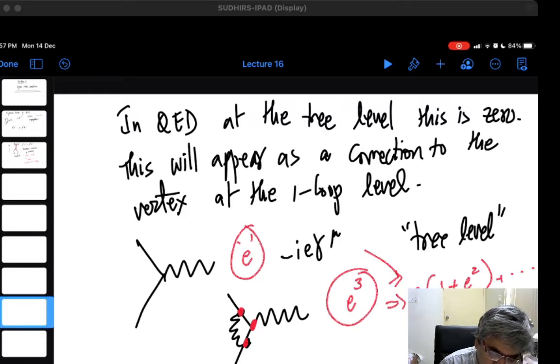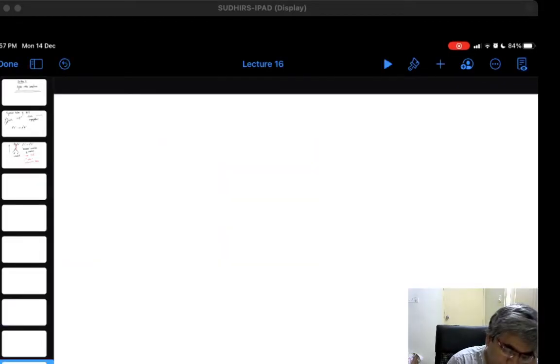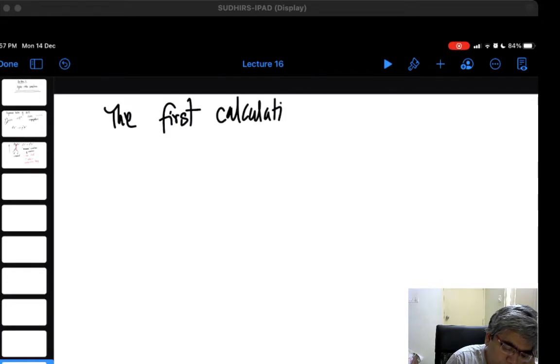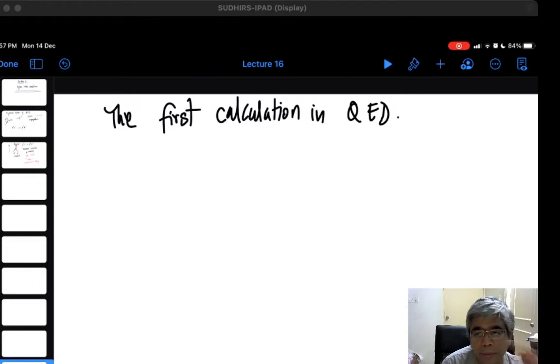So these are called quantum radiative corrections, and the first calculation in QED, which means quantum field theory in the way we are doing it, was done by Schwinger.